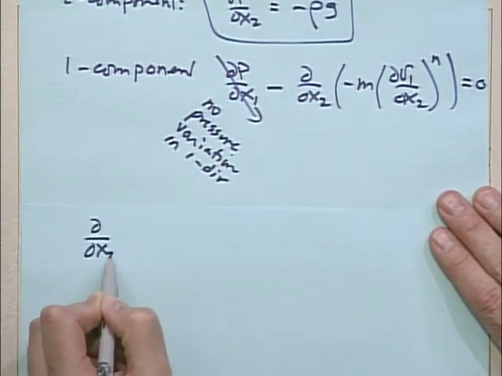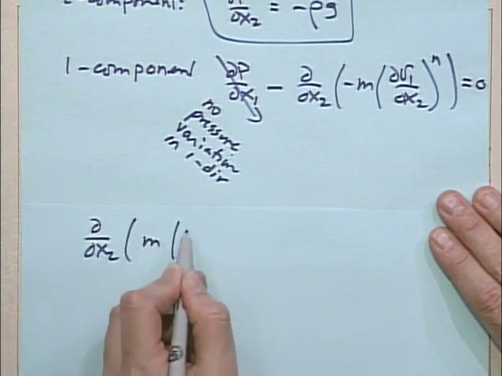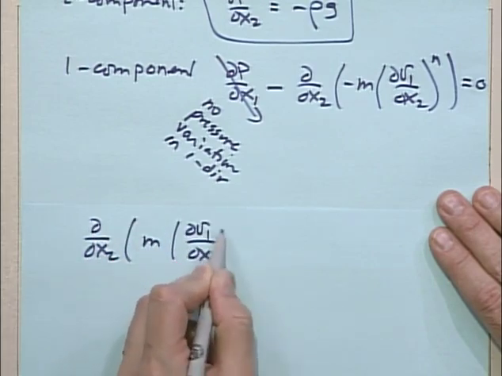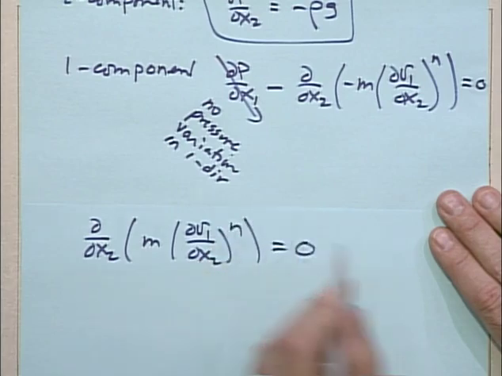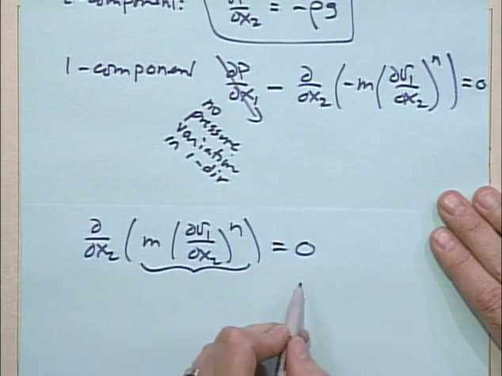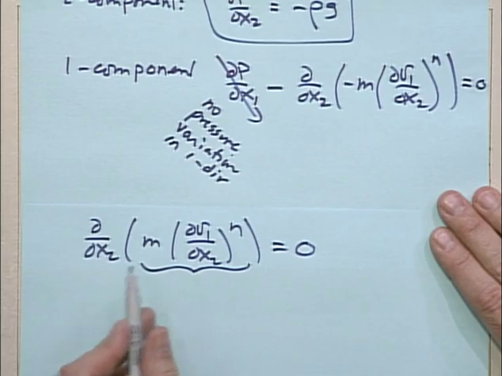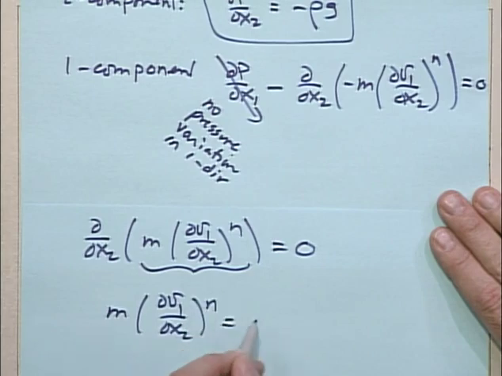D by dx2 of m dv1 dx2 to the n equals 0. We can integrate that. That's the derivative of something equals 0, which means the something must be equal to a constant. Okay, so when we integrate this once, we get m dv1 dx2 to the n equals a constant.